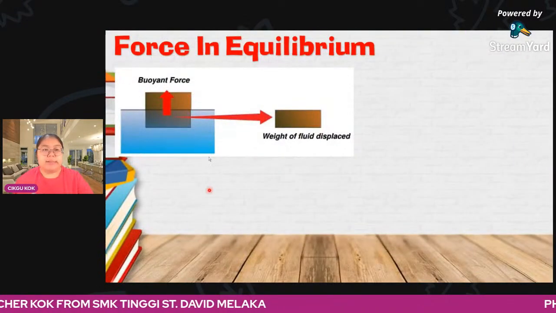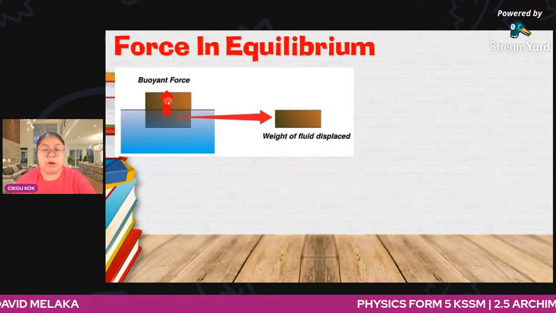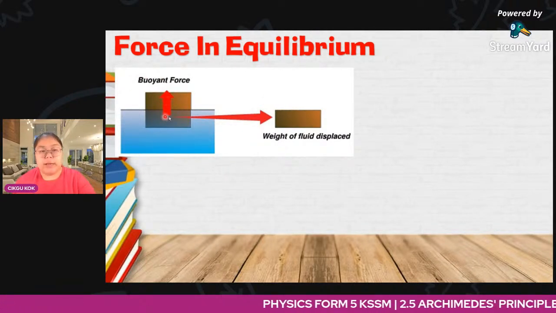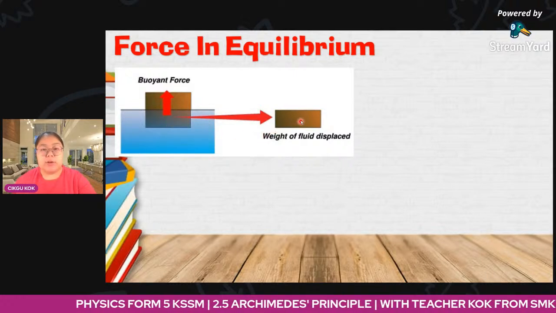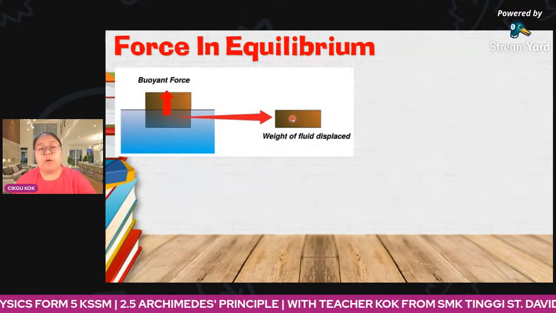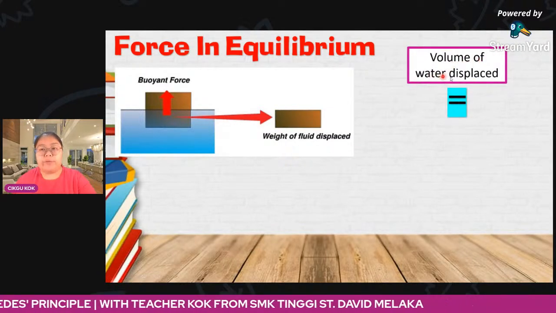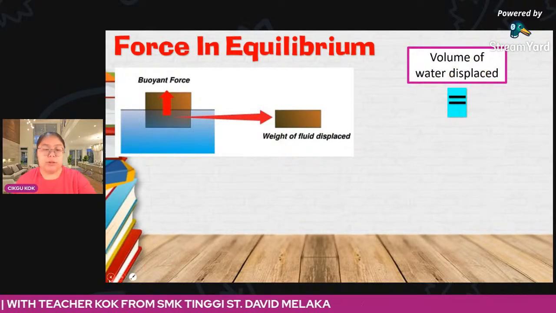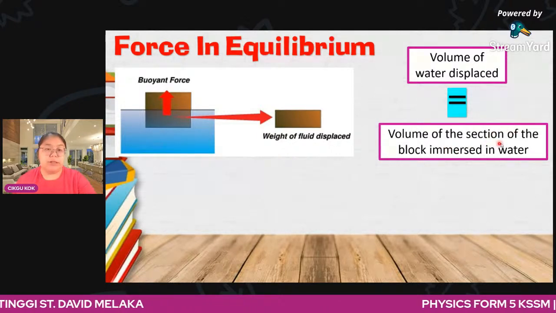Okay, then we go and see force in equilibrium. For example, a block just floating. This is the part that is immersed in the water. This is the volume of water displaced. So from here you can write that the volume of water displaced equals the volume of the section of the block immersed in the water.